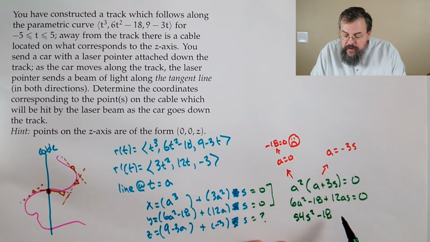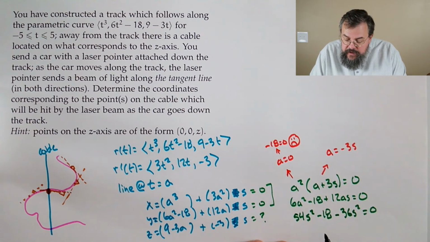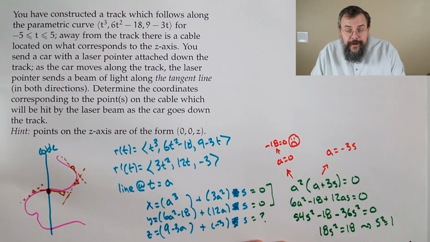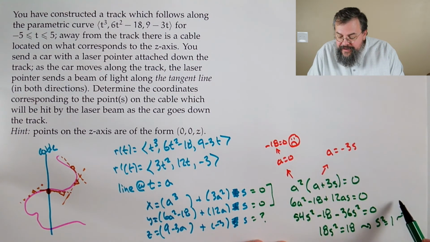Because a is minus 3s, would give you minus 36s squared. All right, that's equal to 0. And wow, this is actually working out really nicely. 54 minus 36, 18s squared. Move the 18 across equals 18. Well, the 18s cancel. s squared equals 1. Brilliant. That says s is either plus 1 or minus 1.